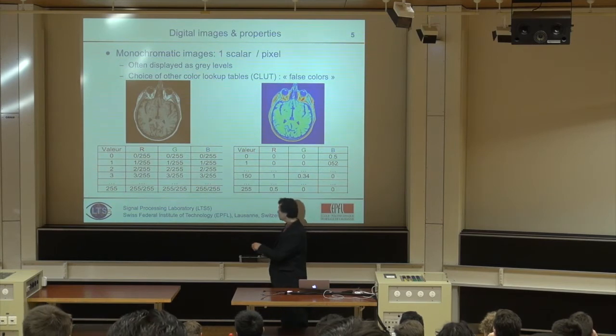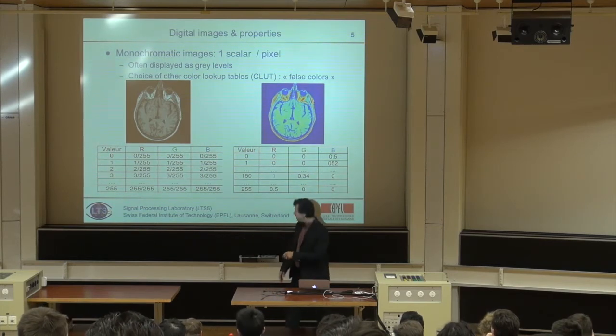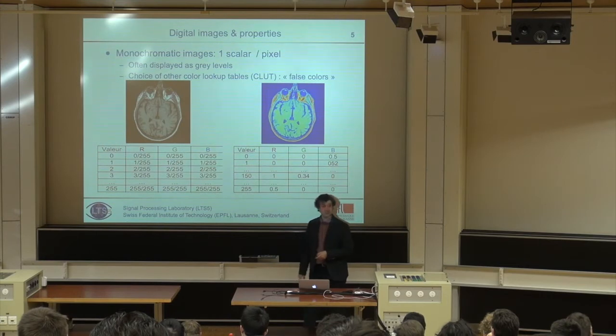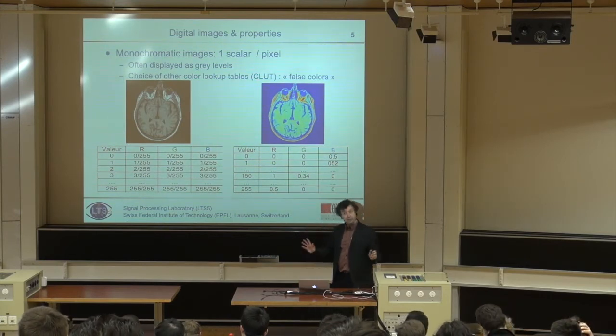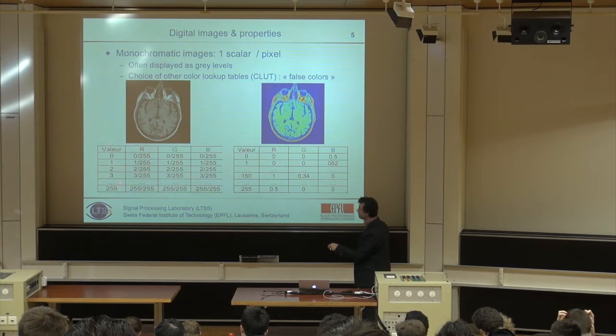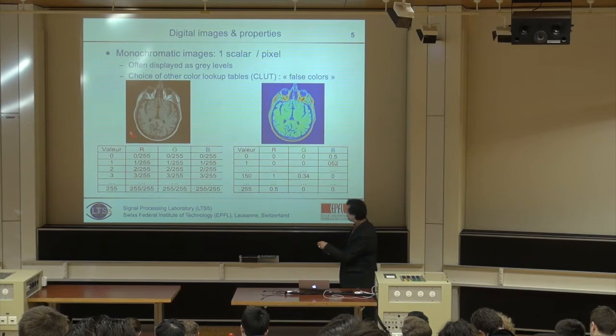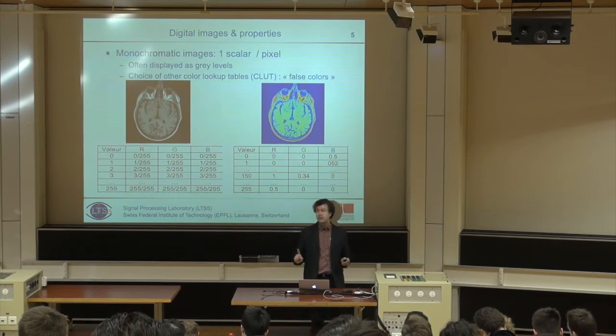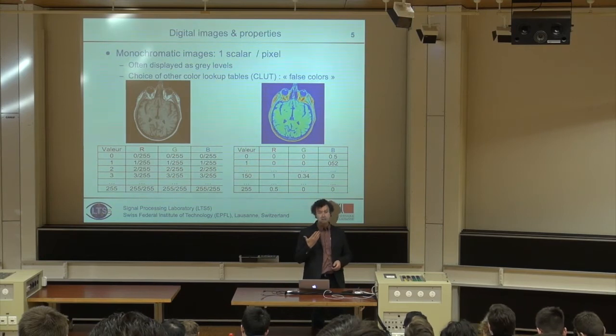I have a scalar value in my data, and I decide how to render it. And this is called a color lookup table. I can use for the very same data another coding system for the rendering, and the same data can be displayed like that. It's exactly the same data. It's just the rendering that is different.